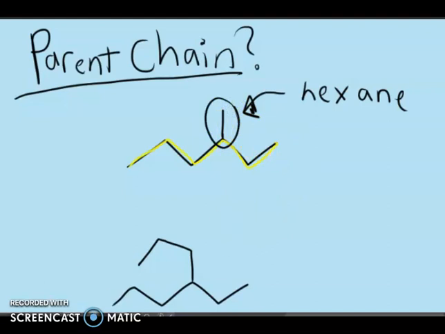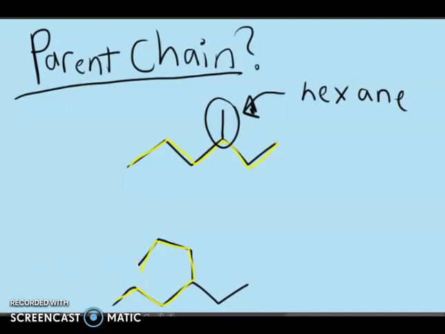We have another one down here. So let me look at this. 1, 2, 3, 4, 5, 6. So if you go across, you get 6. But if we go up and down, 1, 2, 3, 4, 5, 6, 7, we get 7.